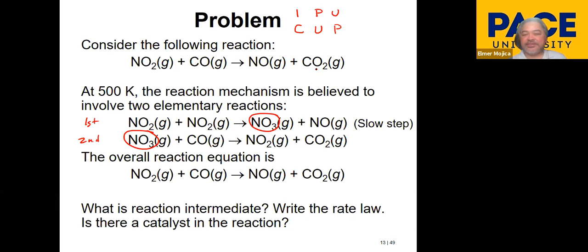You have it initially, and then you're going to have it at the next step. And if you're going to write the overall reaction, it's not there. So the question is, do we have a catalyst here?